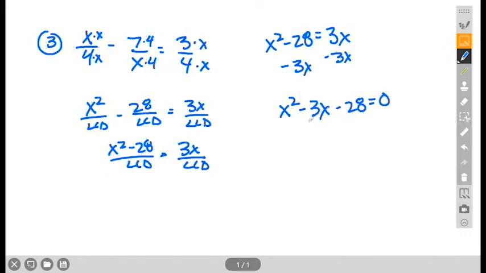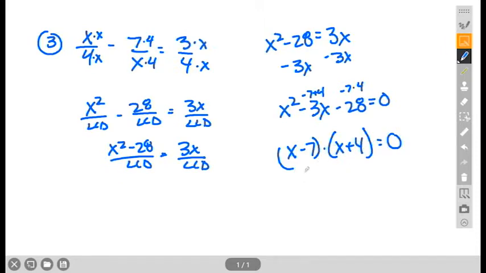And then we factor this by finding two numbers that multiply to negative 28 and add to negative 3, that's negative 7 and 4. So we have x minus 7 and x plus 4, and their product is 0. All right, so the number that makes the first factor 0 would be 7, and for this one it would be negative 4.